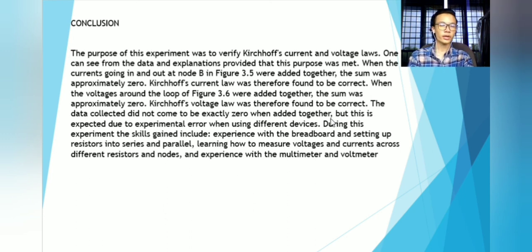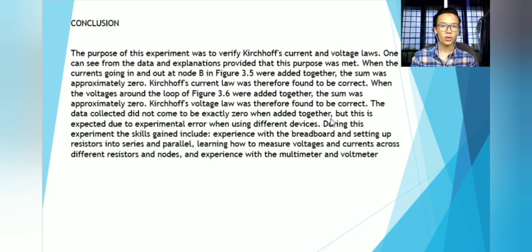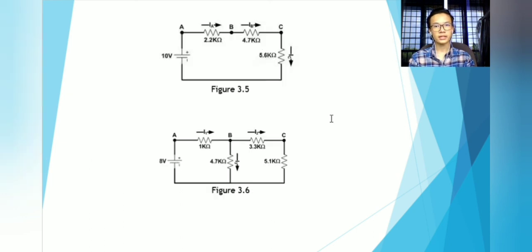When the currents going in and out at node B in figure 3.5 were summed, the sum was approximately 0. We can also see that when the voltages around the loop of figure 3.6 were added together, the sum was also approximately 0.